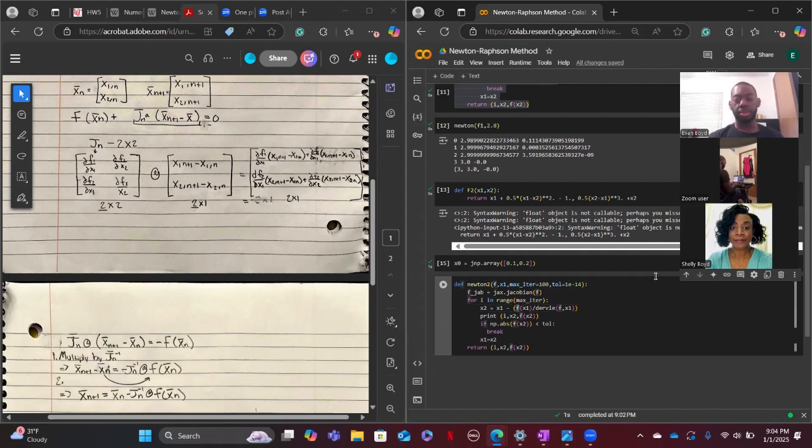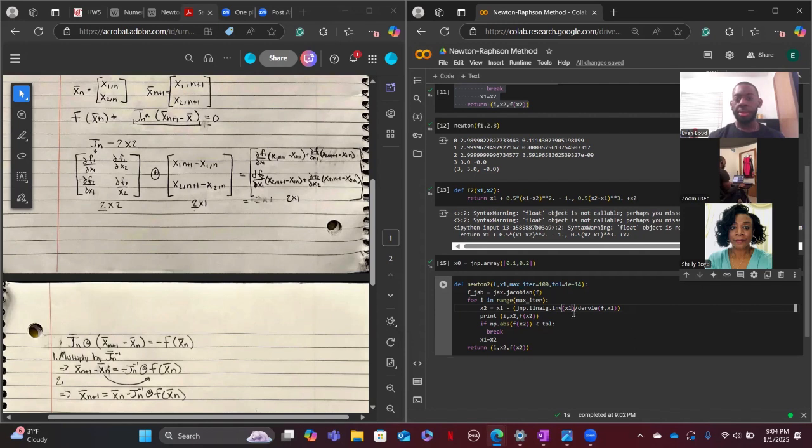This will be jnp.linalg.inv, the Jacobian inverse of our function, evaluated at the x1 region, which is correct.